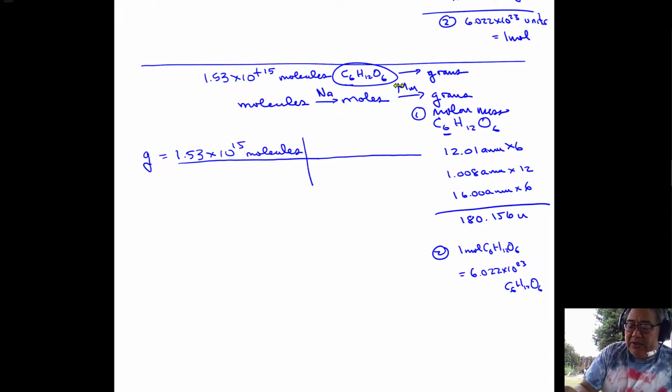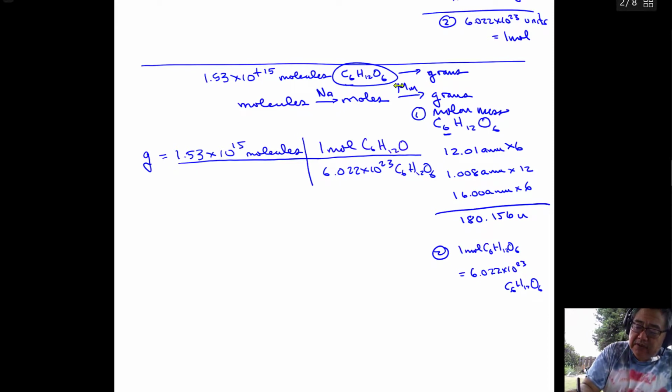So now I'm going to do 6.022 times 10 to the 23rd molecules. So that's the C6H12O6. And you could have written that here as well, for every 1 mole of C6H12O6. And then I need to continue this calculation on here. So I'm going to be multiplying that. Now I've got the molecule part canceled out.